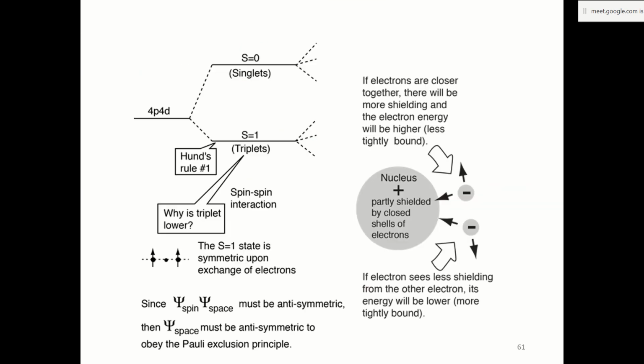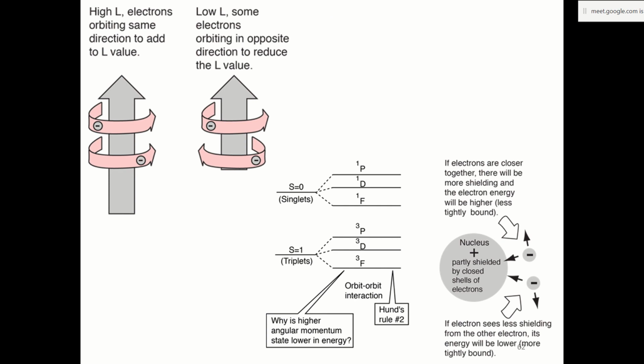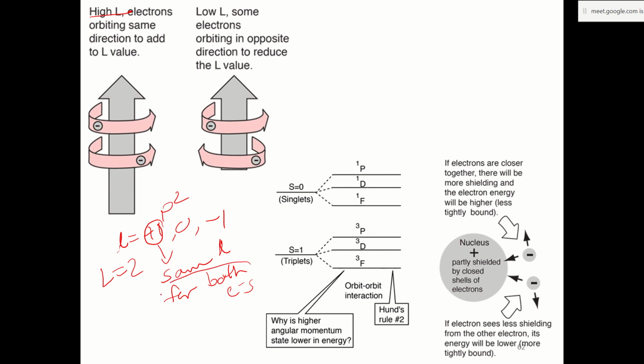This consideration comes from the picture that, let's say for the P2 configuration, when ml is equal to plus 1, 0, minus 1, and when we have the maximum value, L equal to 2, both the electrons have the same ml, which means both electrons are moving in the same direction.